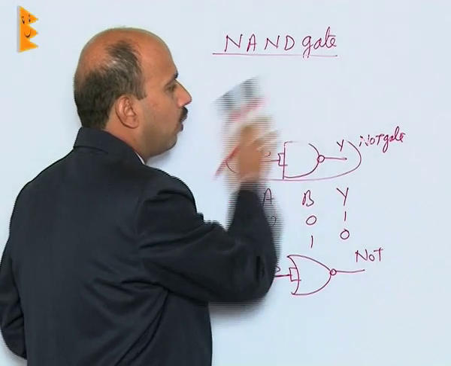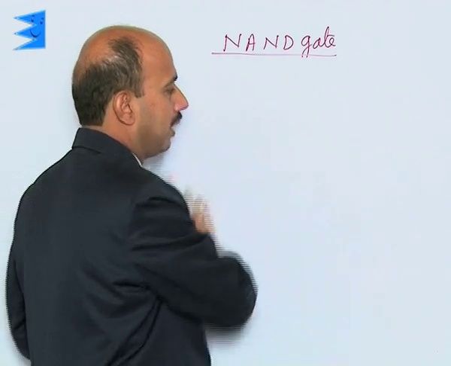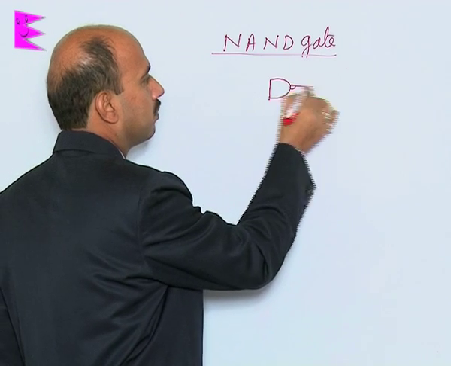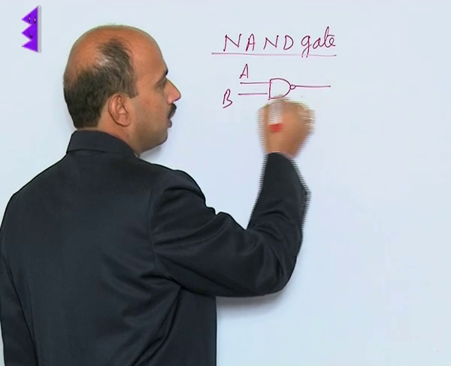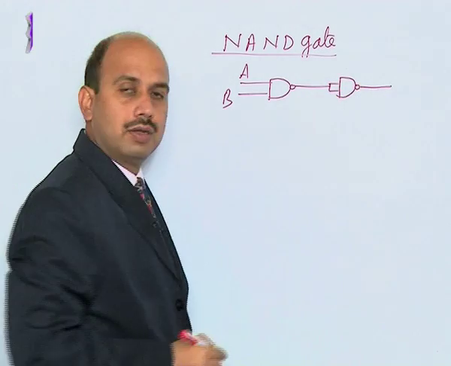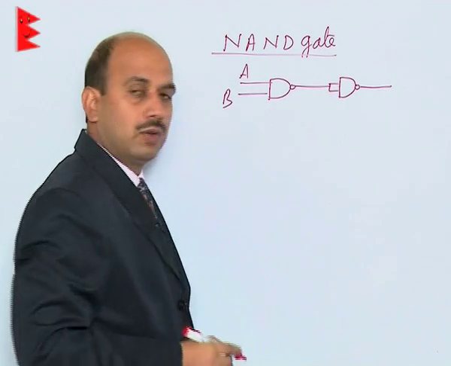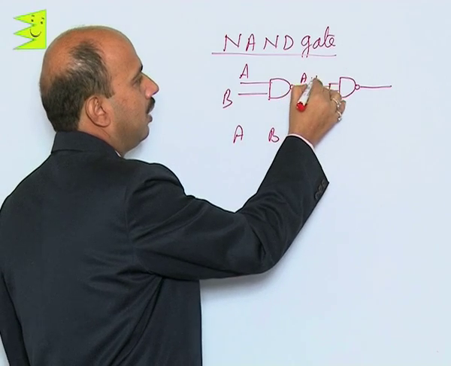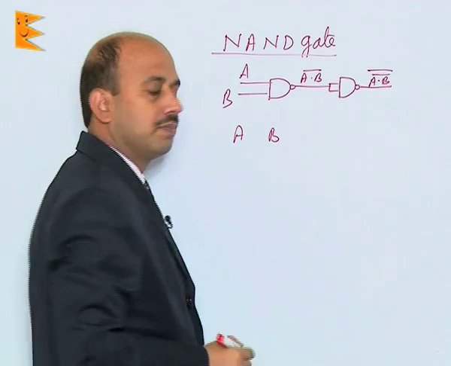Now, if we take another one for the NAND gate only, I am first applying the NAND gate. In the NAND gate, if you have taken A and B, here we can take these two NAND gates clubbed. This is the NOT gate obtained by the NAND gate, and this is the NAND gate only. If we make the truth table for A, B, this is here (A and B) bar, and this is here (A and B) bar bar.